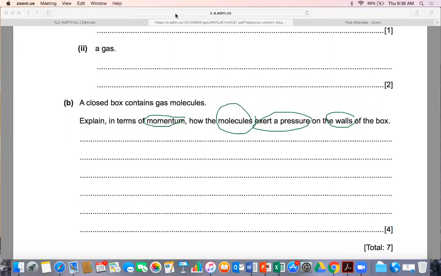They transfer energy to the other molecules, so they move slower or faster depending on the energy. So molecules collide with walls, and this causes a change in momentum.